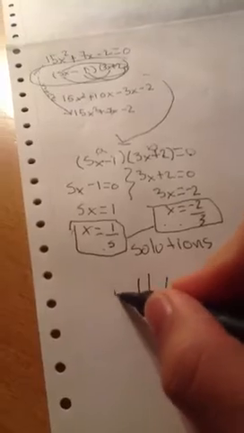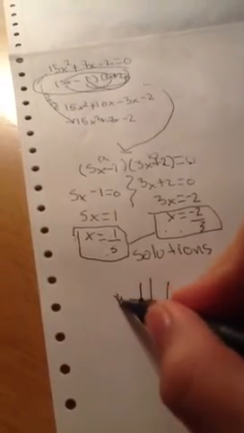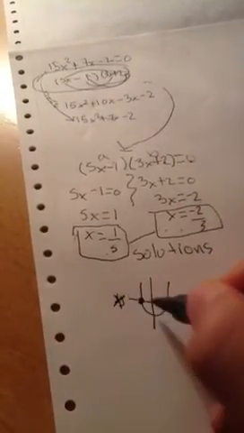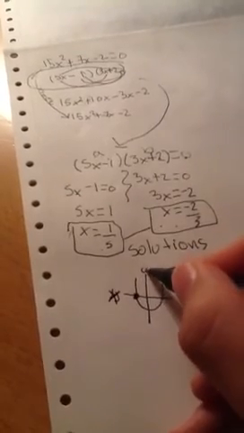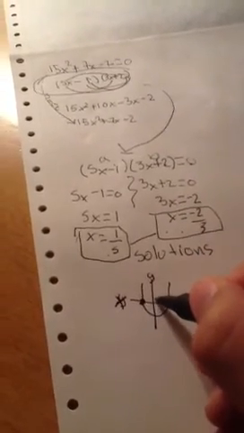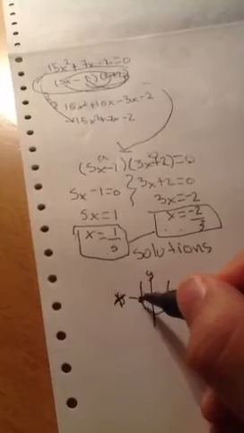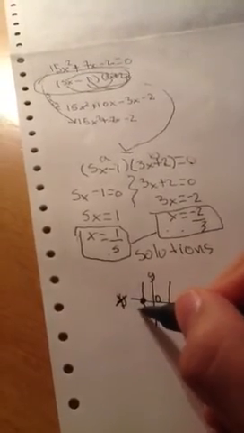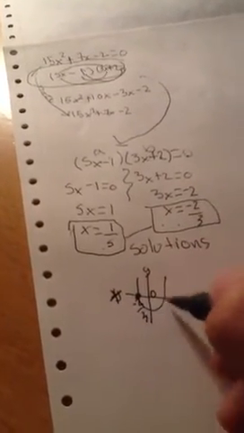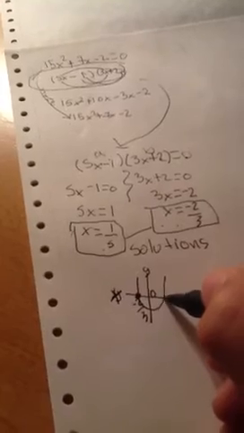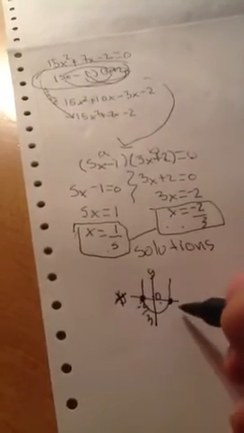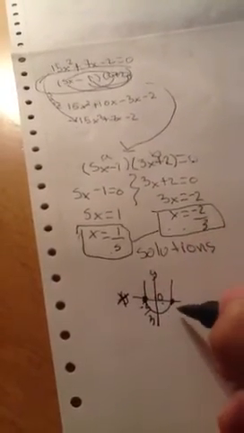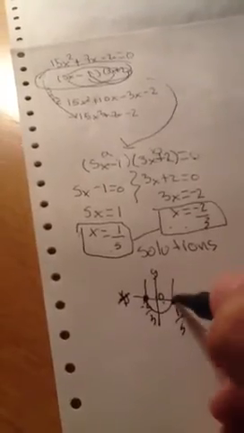When y, which is this is the x actually. This is the x and this is the y. So when y is 0, like that, x is negative 2/3. And right here, when y is 0, x is also 1/5.